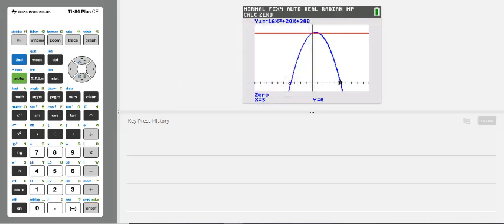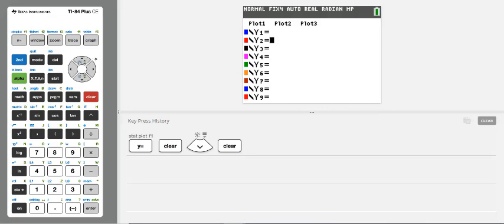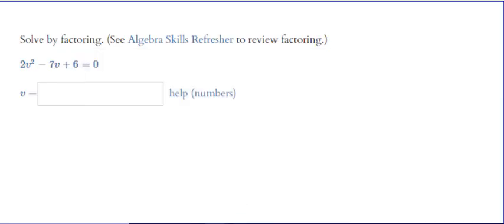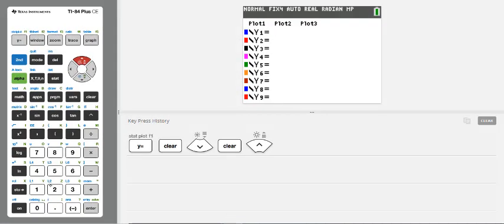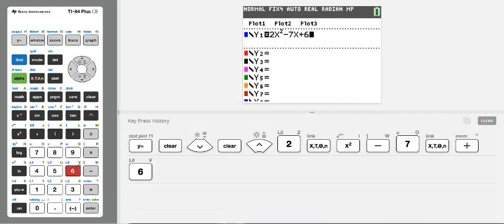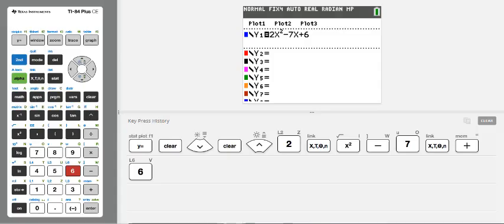So here, clear. That's 2. It'd be 2x squared minus 7x plus 6. So 2x squared minus 7x plus 6, I think's what that ought to be. Yep. All right, so we've got it typed in.